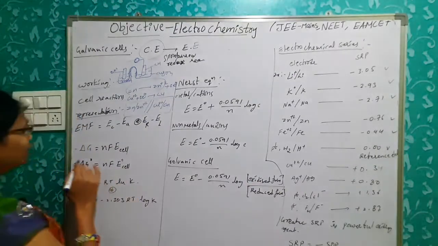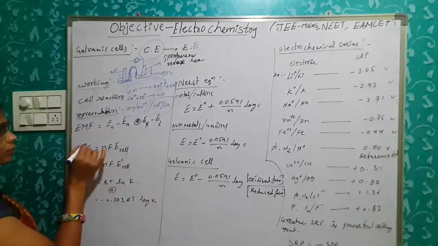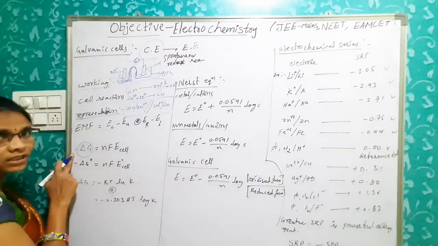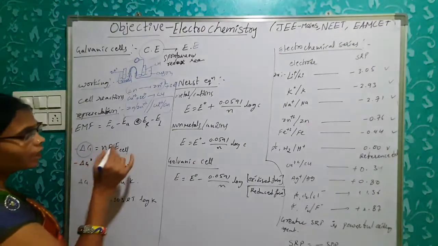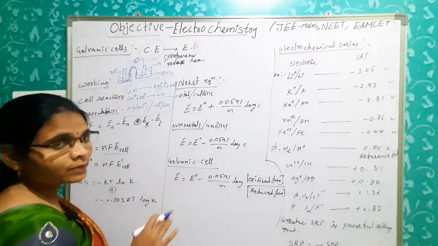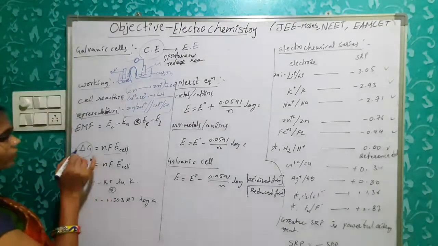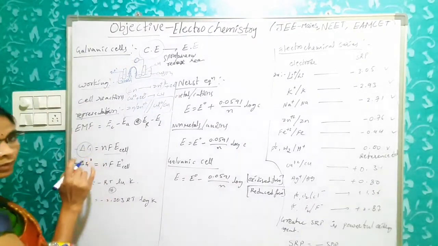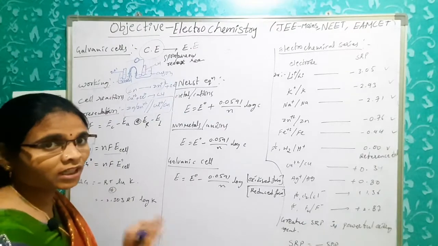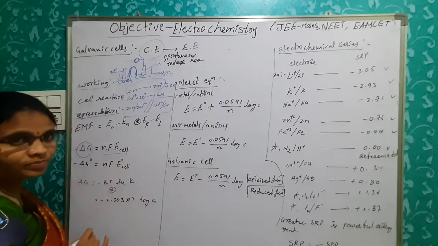Next, in this galvanic cell, Gibbs free energy gets converted into electromotive force, meaning electric current, by spontaneous redox reactions. That's why the relation is minus delta G, since for a spontaneous reaction the Gibbs free energy is always negative: minus delta G equals nFE cell.